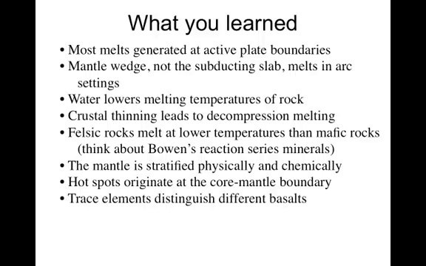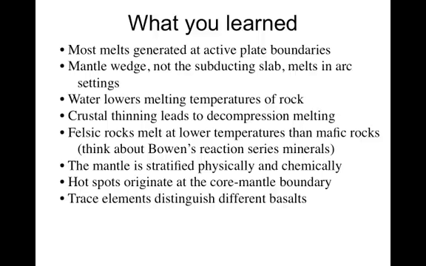The mantle wedge, not the subducting slab, melts in an arc setting. The introduction of water that's released during metamorphic reactions, water that's released from the internal structure of minerals in the phyllosilicates, the amphiboles, enters the overlying rock and lowers the melting temperature of that rock and leads to melting, as in the anatexis in the Himalaya, as in the mantle wedge in the subduction zone.